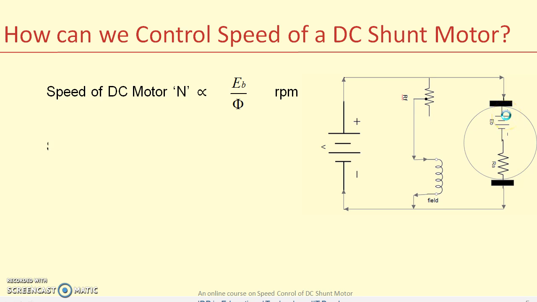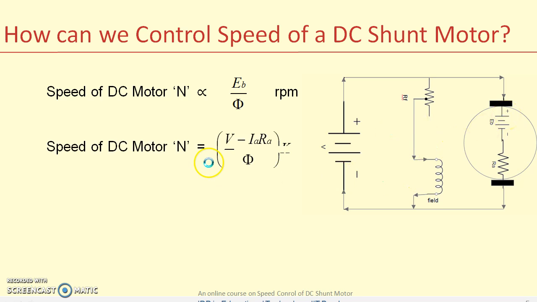So this equation will be: speed of a DC motor N is equal to K into V minus IA RA, divided by phi, where instead of EB we put the voltage equation and K is the proportionality constant. Now, the speed of a DC motor depends on the supply voltage, the drop in the armature circuit, and the magnetic flux phi.